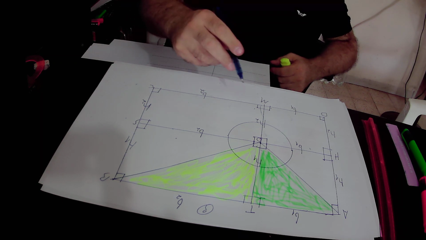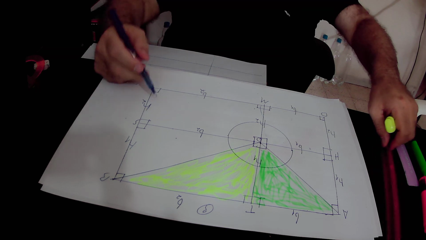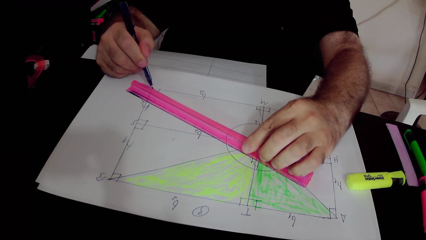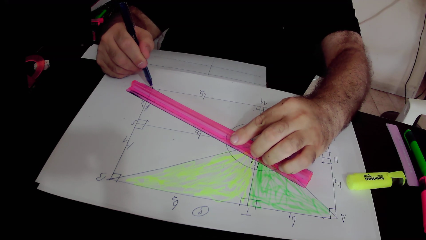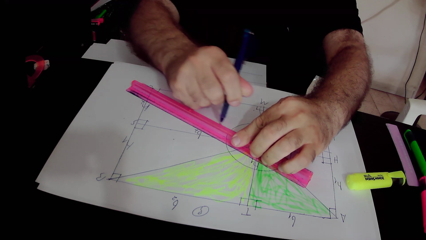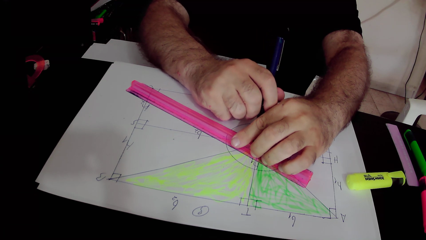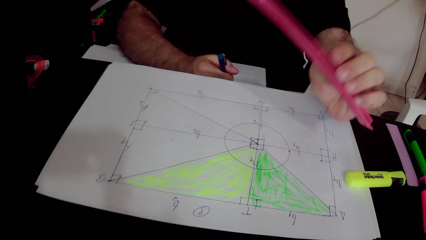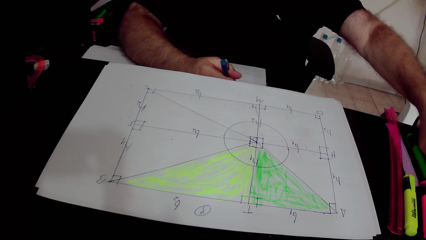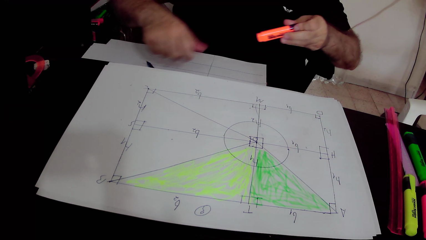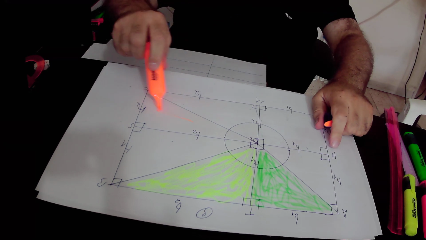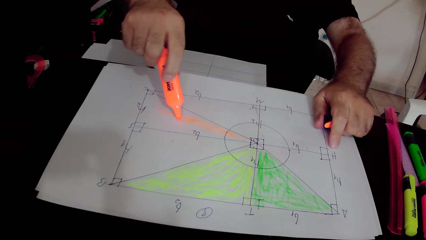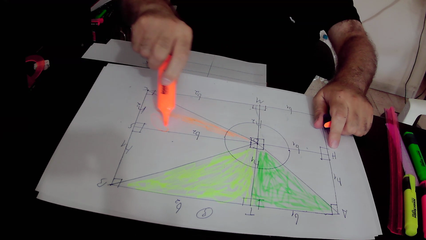We join points O and C together by a straight line. We will implement the Pythagoras theorem on the orange right triangle, triangle OCS.